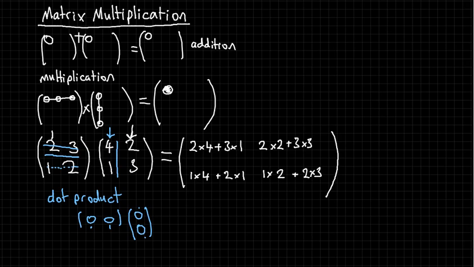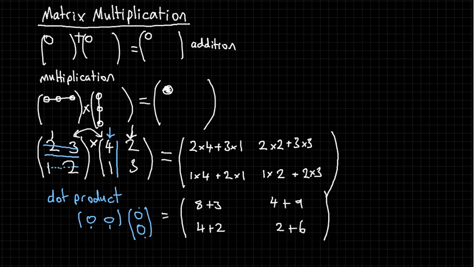Alright, so basically you can see that what this is doing is trying to figure out all the different combinations of multiplication that you can have between these two matrices. That's one way of viewing it. So we'll just multiply it out. 8 plus 3, 4 plus 9, 4 plus 2, 2 plus 6.